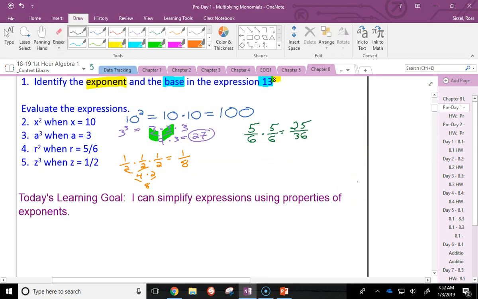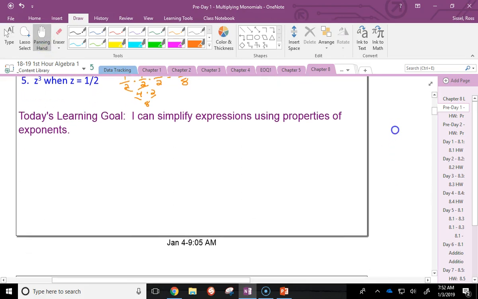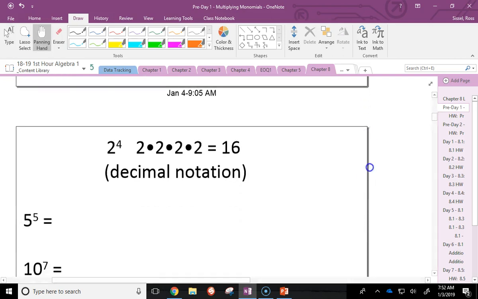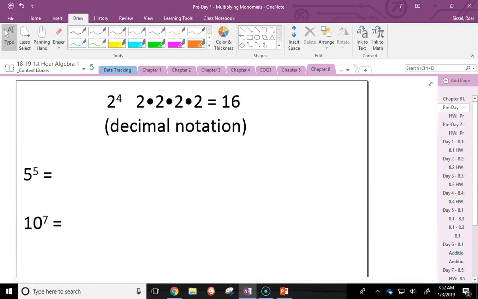Okay. So today's learning goal is I can simplify expressions using properties of exponents. That's what we're really going to focus on, simplifying expressions with exponents. So when we have 2 to the 4th power, we've already identified that means 2 times 2 times 2 times 2, which, when you solve for that, equals 16.